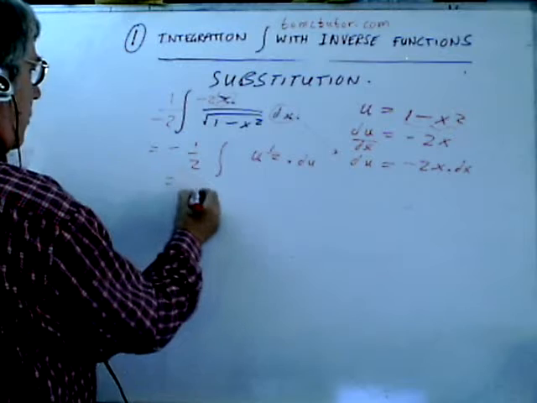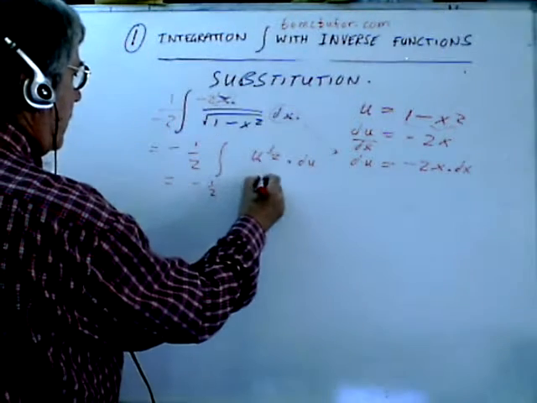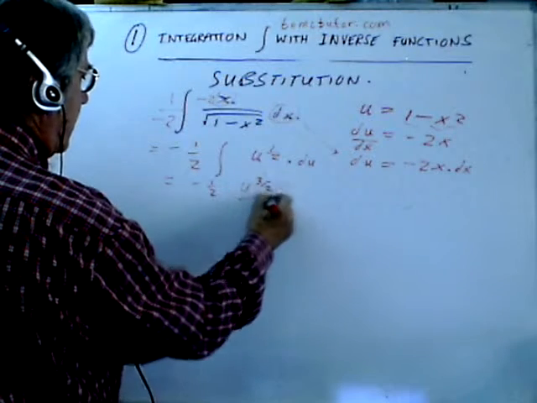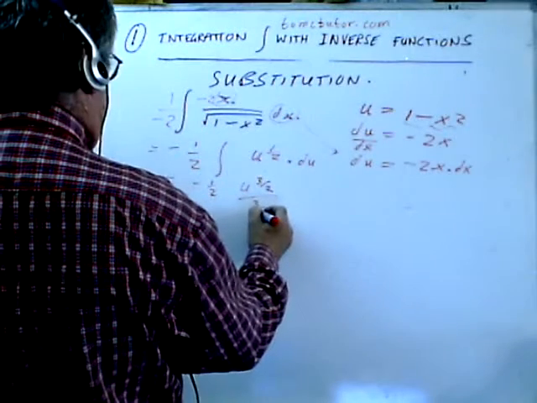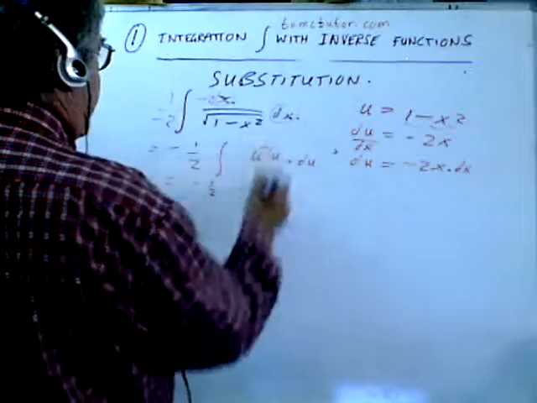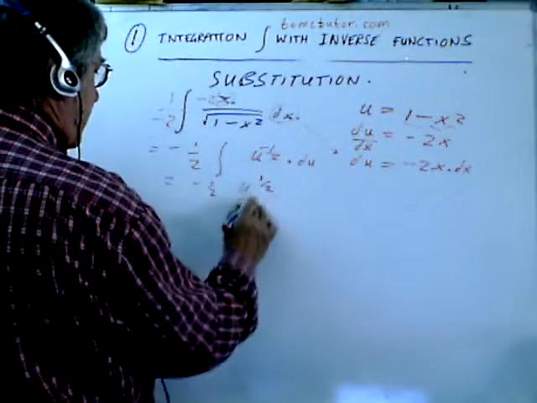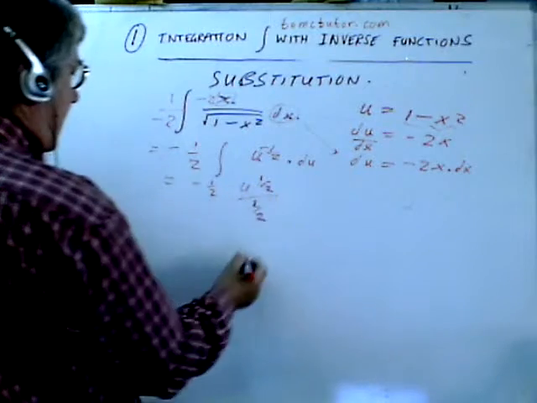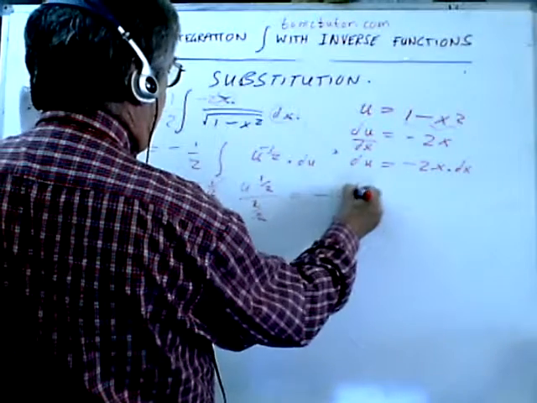So when we integrate that, sorry, it's u to the minus a half, isn't it, because it was 1 over square root. So that becomes u to the half over a half, and that half cancels that half, and we're left with minus u to a half.